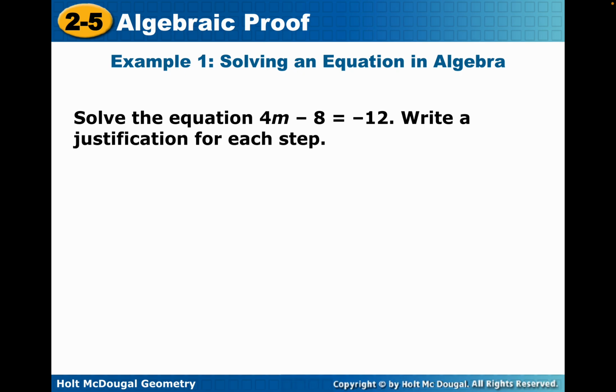Okay, so here's an example of what we will have. This says solve the equation 4m minus 8 equals negative 12. We have to write a justification for each step. Hopefully most of us know how to solve this equation, but I want you to get in the habit of having a statements column and a reasons column.